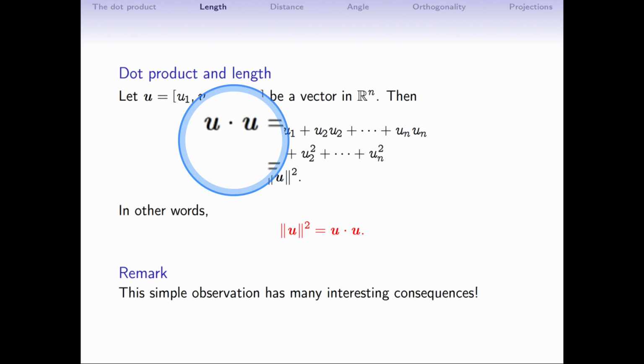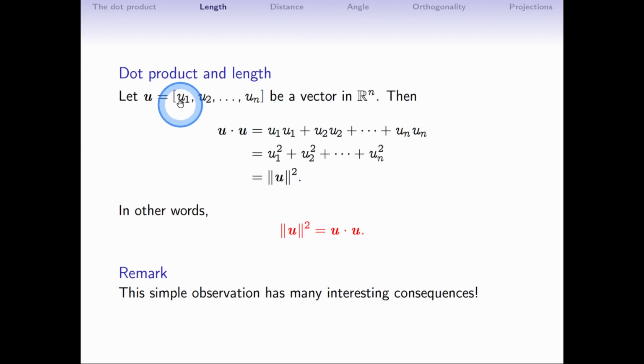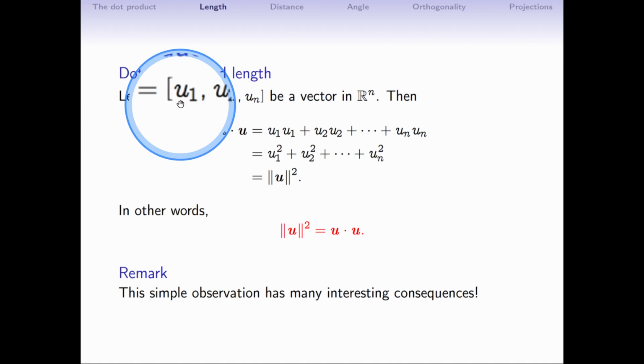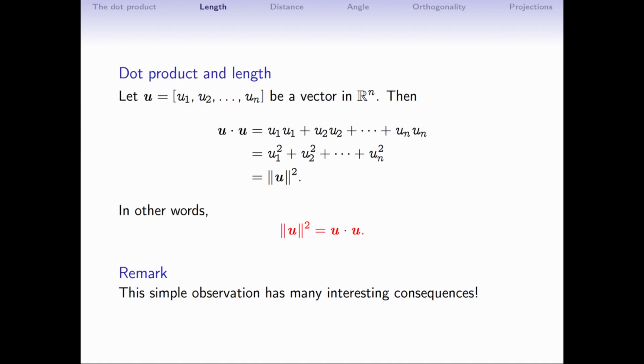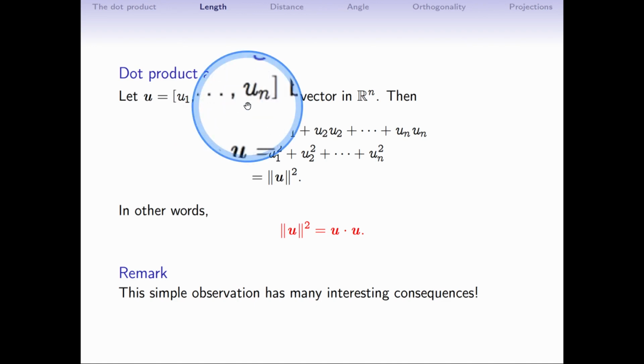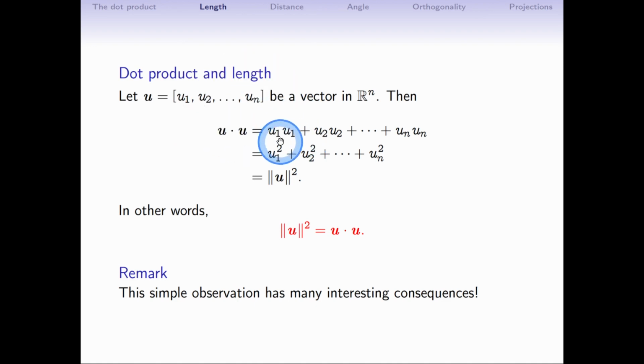And so I have to take the first components, which is u1, and take the product with itself. So I'm going to have u1 times u1, u2 times u2, on out to un times un. So I'm going to see all of those products laid out here, and I'm going to be adding them up. So I'm going to have these plus signs between them. So that is the dot product of u with itself.